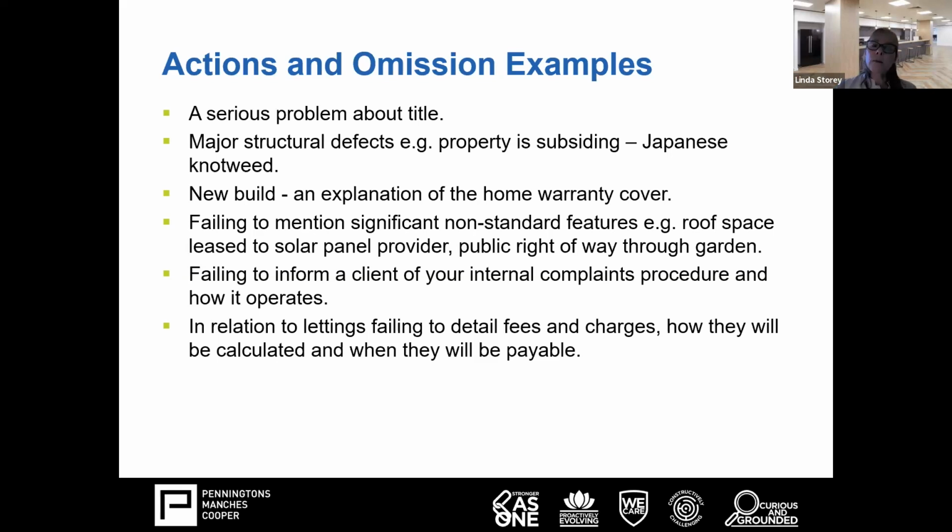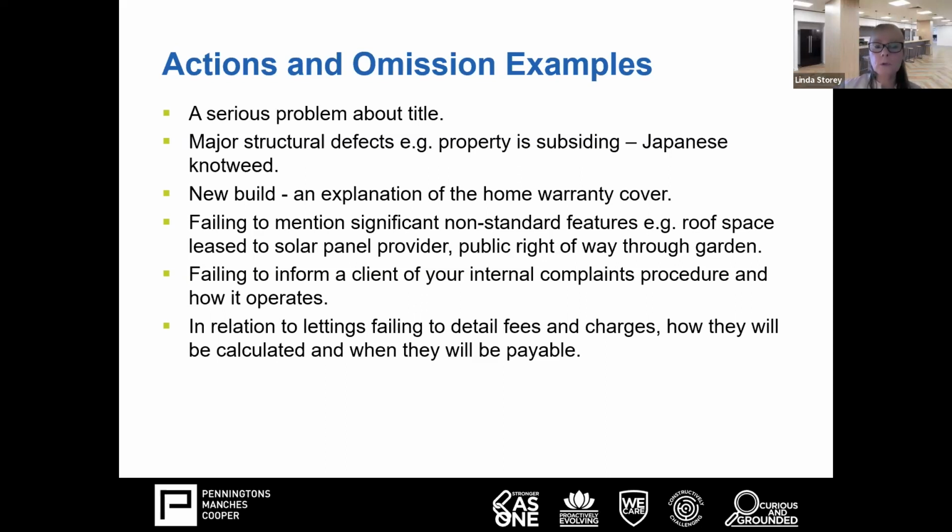And I've put there the new build warranty. And here, again, this isn't disclosure about what I would call a normal new build warranty, an HBC and so on, but more if there were an unusual warranty cover, so just a structural engineer's certificate. Something, again, that has a big impact on whether a purchaser is going to be able to obtain the mortgage that they hope to get. Non-standard features, leases of solar panels.